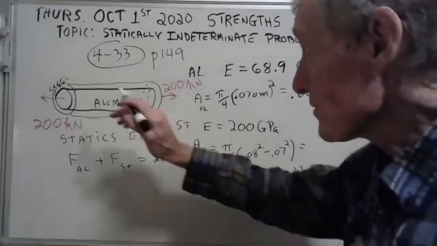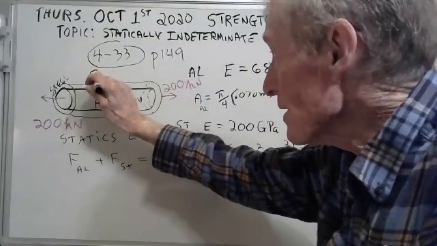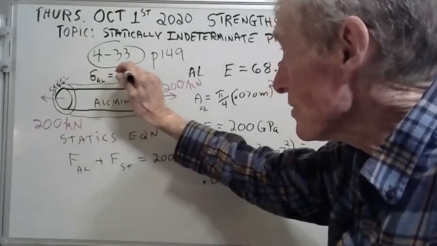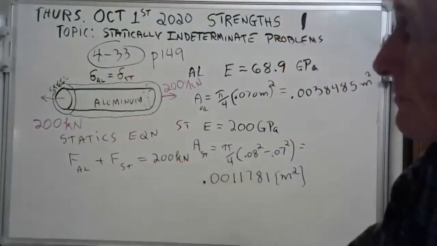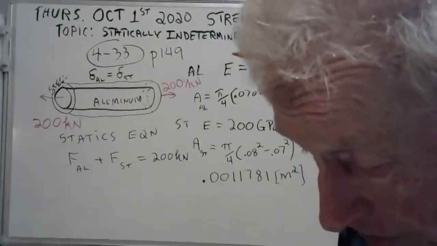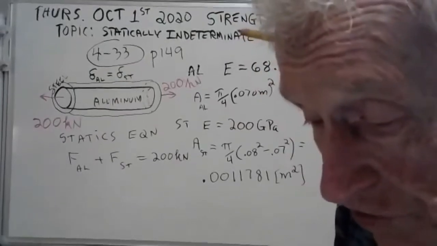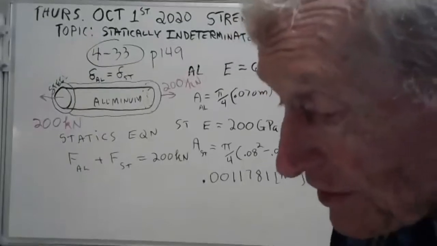It just goes like this. The deformation of the aluminum is going to equal the deformation of the steel. I mean, the aluminum is going to stretch. It's going to get longer. And guess what? The steel is going to stretch exactly the same amount because they're together. They're bonded together somehow.